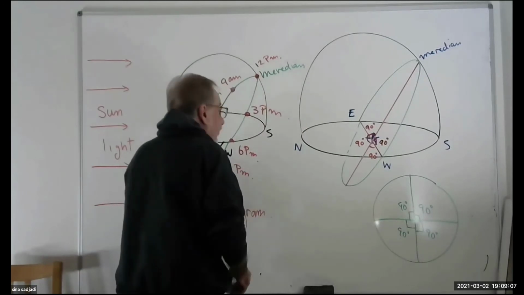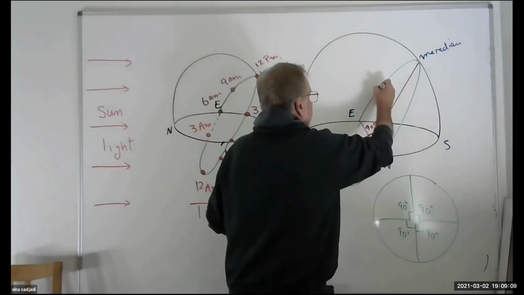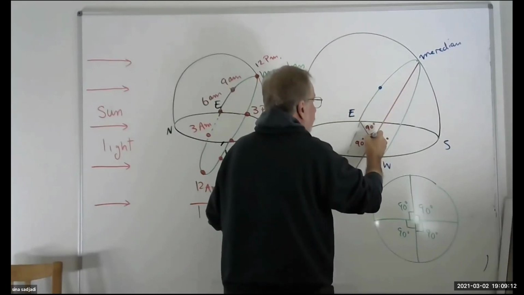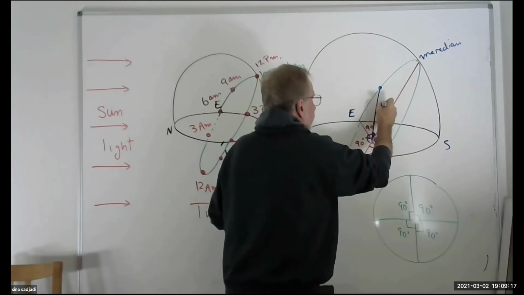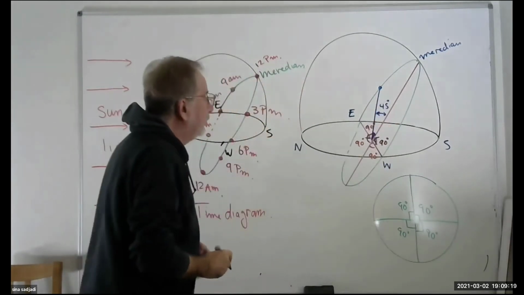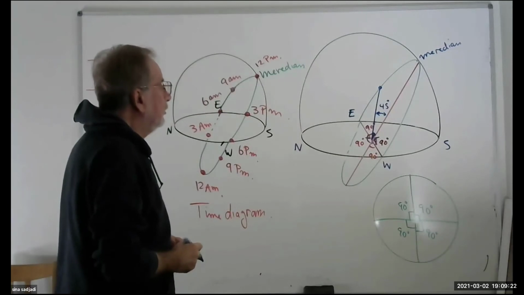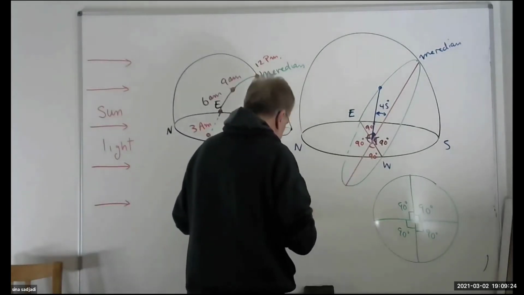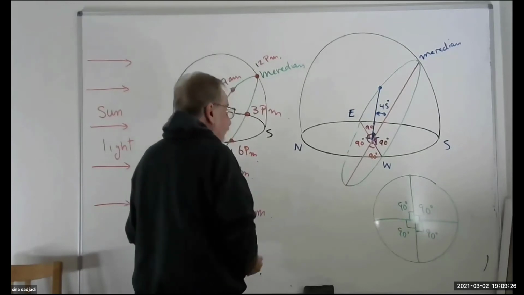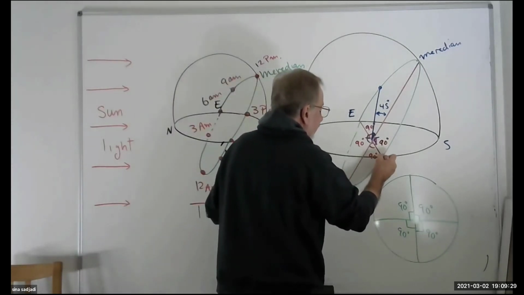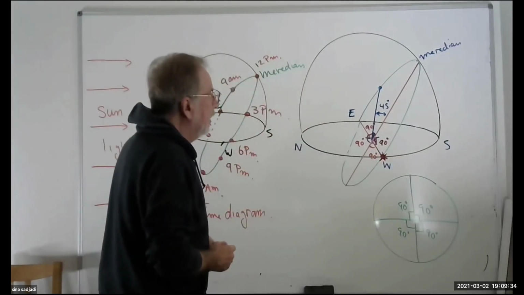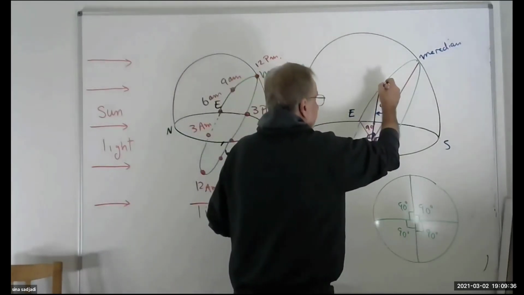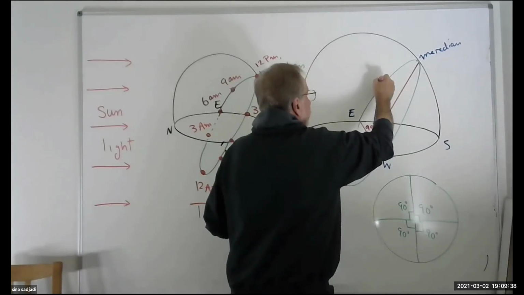So if I'm trying to get this angle here, say to here, this angle here is 45 degrees. And so if I go from the sun, which is here setting, and the moon is in the sky, say over here, like this.